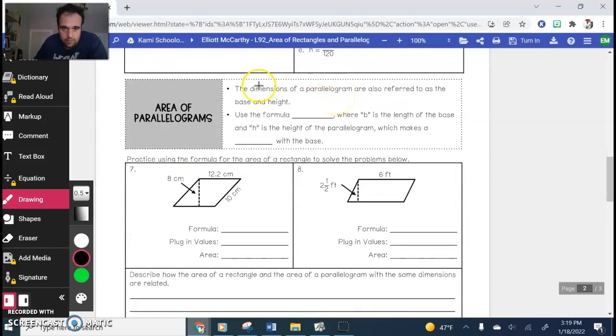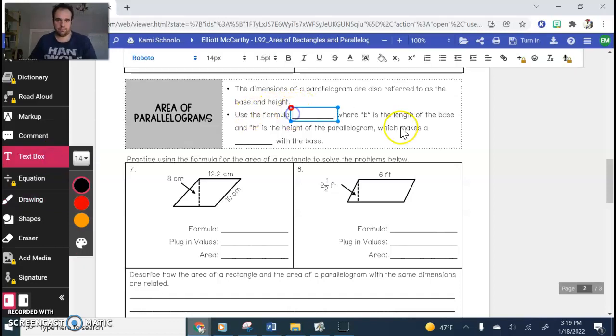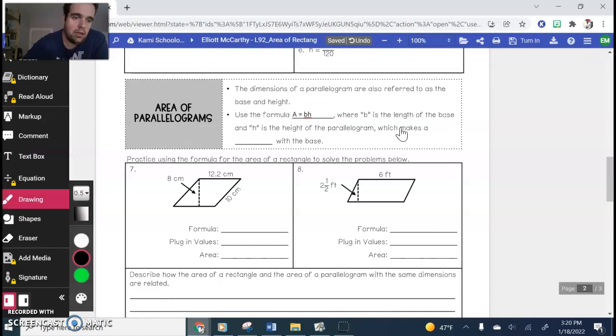Area of parallelograms. Same deal. Use the formula again. Area equals base times height. All works the same way. Use the formula where B is the length of the base and H is the height of the parallelogram, which makes a triangle with the base. We know, so that's kind of how that little guy works down there.